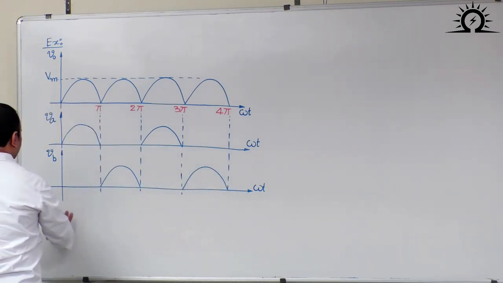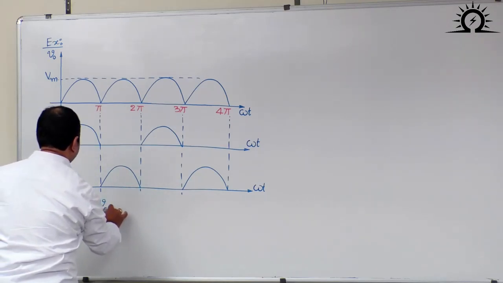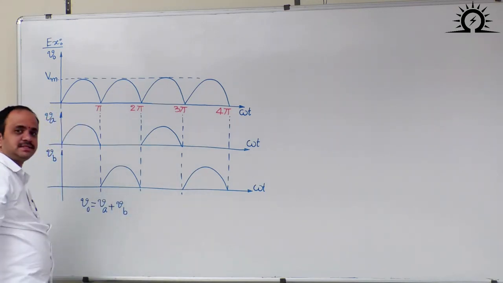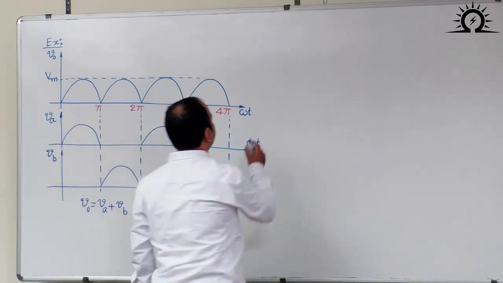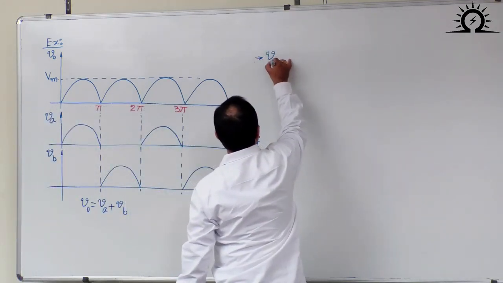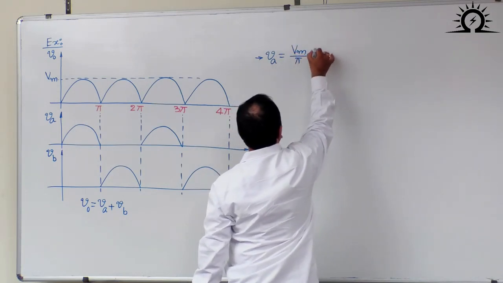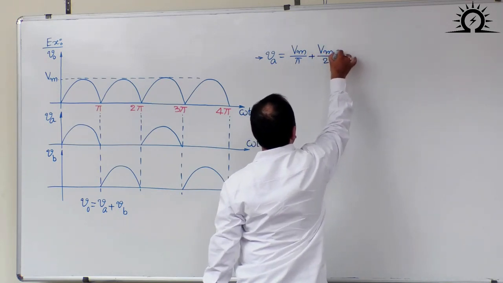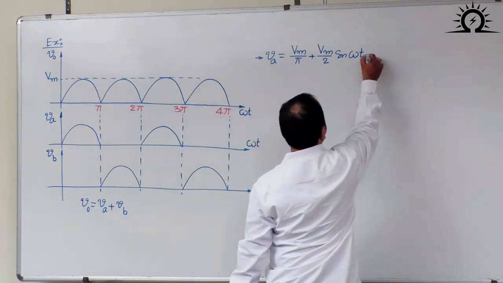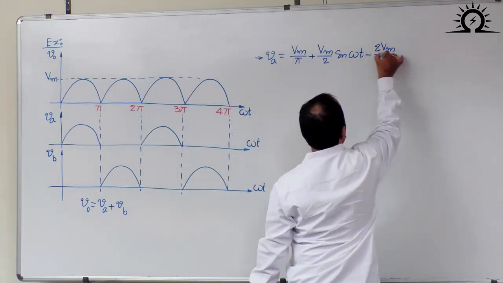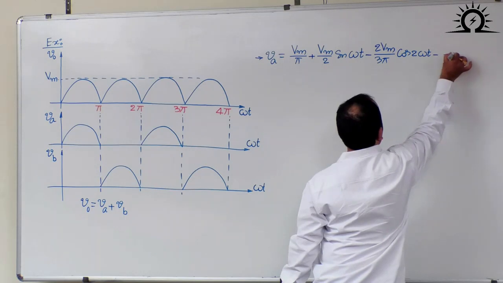Okay, so how to write V naught? V naught is equal to VA plus VB. What is the expression for VA? That is the same as our previous example: Vm by pi plus Vm by 2 sin omega t minus 2Vm by 3 pi cos 2 omega t and so on.